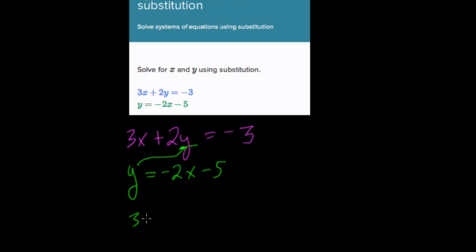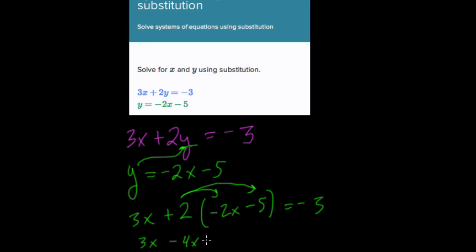So we have 3x plus 2 times negative 2x minus 5 equals negative 3. Here we distribute our 2, so we get 3x. 2 times negative 2x is minus 4x, excuse me. So it's minus 4x. 2 times negative 5 is negative 10. That equals negative 3. Now we can solve for x.